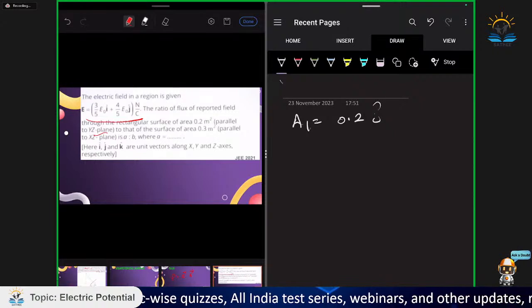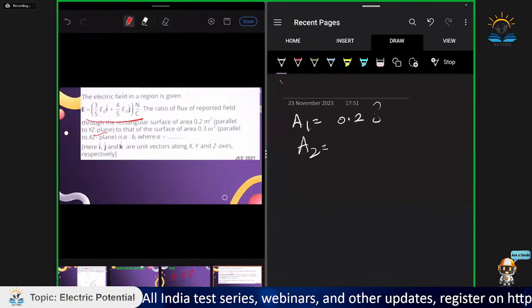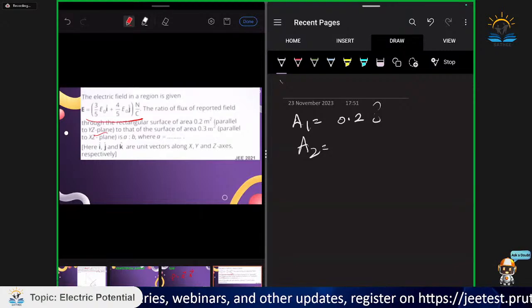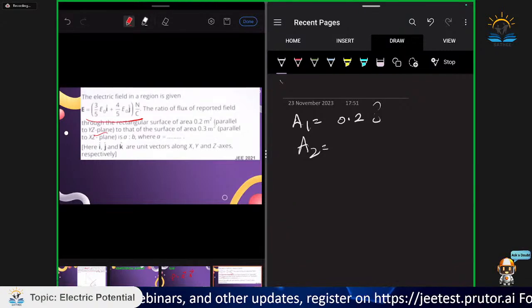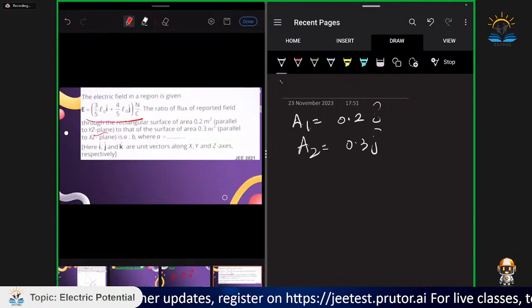Then A2 will be parallel to the XZ plane, so the area vector will be perpendicular, right? XZ means 0.3 J cap.